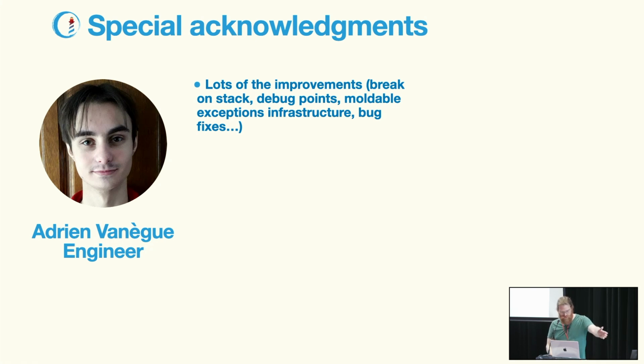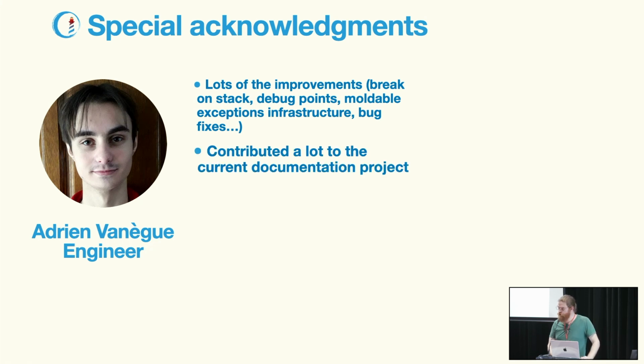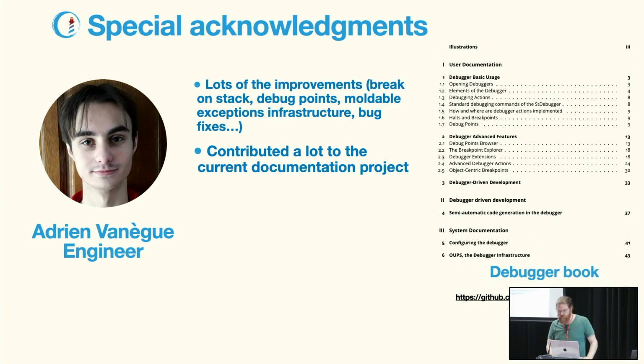They are from Adrien, who's here. So thanks. And he also contributed a lot to the current documentation project of the debugger. So we are trying to put everything, how to use the debugger and how it's implemented, into a book. That Adrien is the main contributor. So thank you, Adrien, for that.